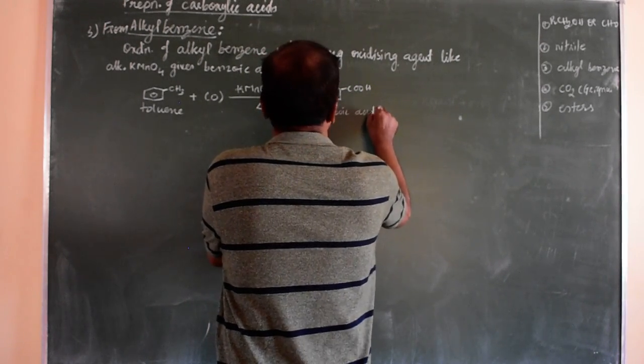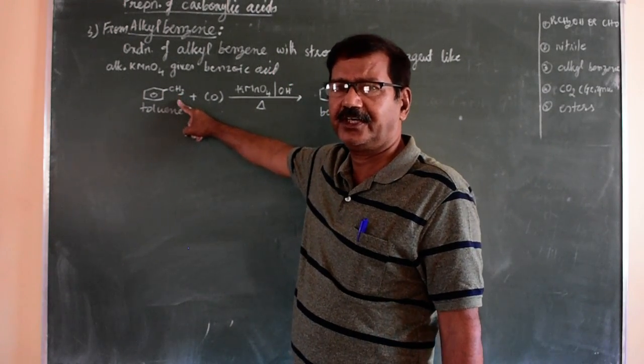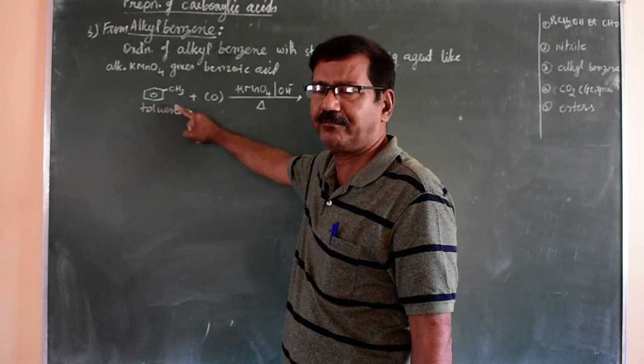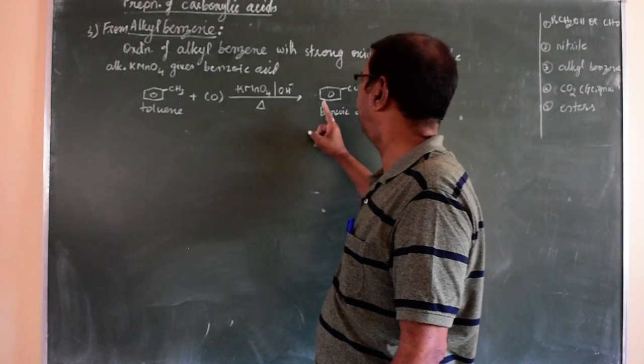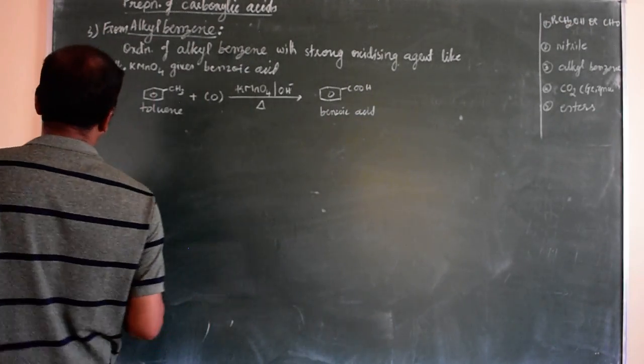Again I am repeating, it is not necessary that it must be CH3. It may be C2H5 or C3H7, whatever the number of carbon atoms, the final product is benzoic acid.